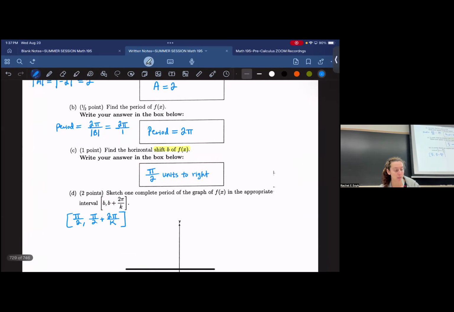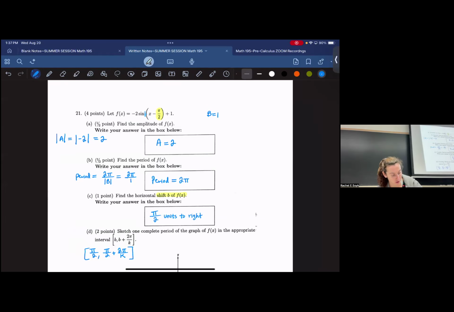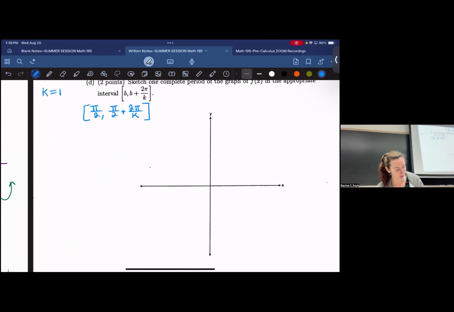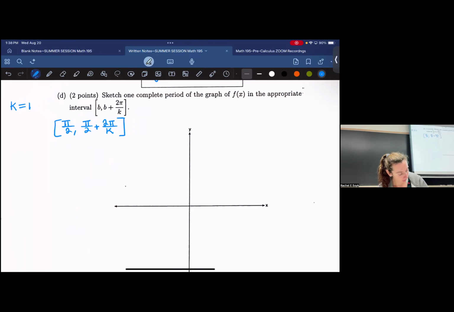Our k represents our vertical shift, which is 1. So we'll simplify this a little bit more now. Pi over 2, comma, pi over 2 plus 2 pi over 1.